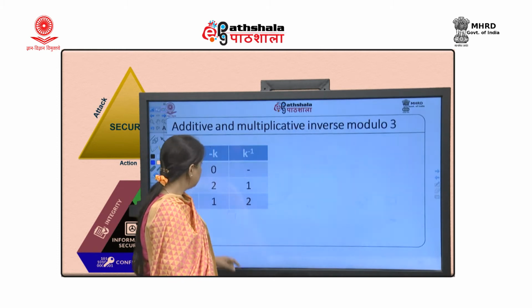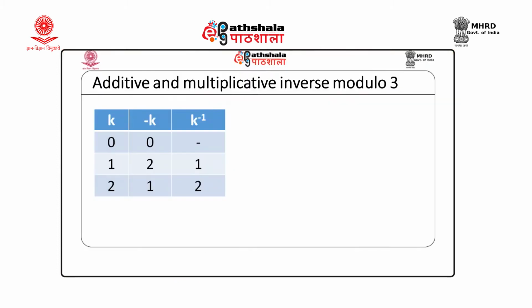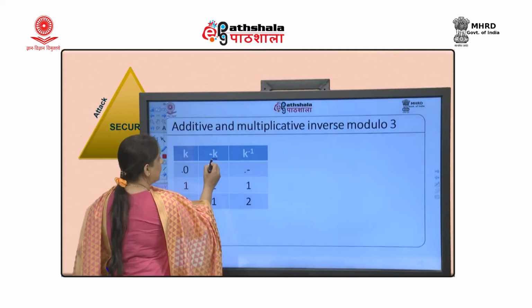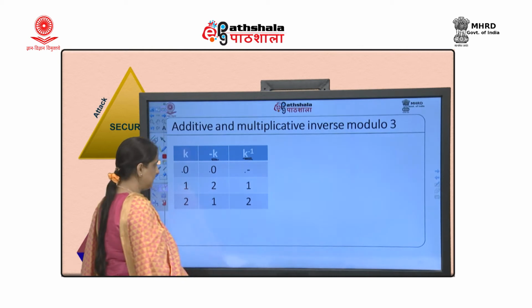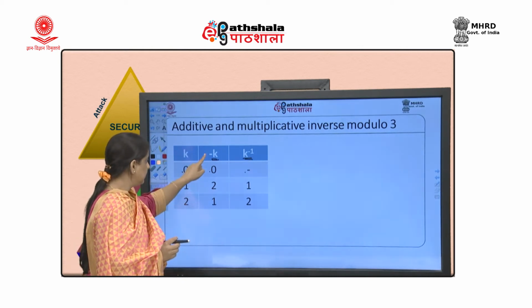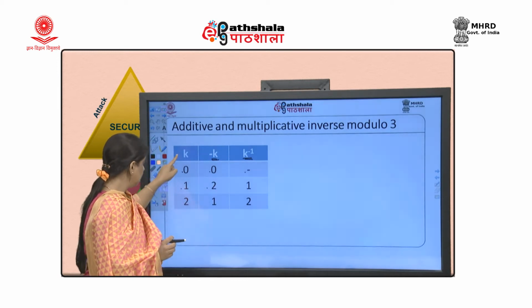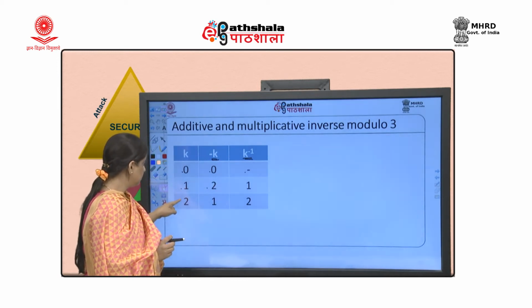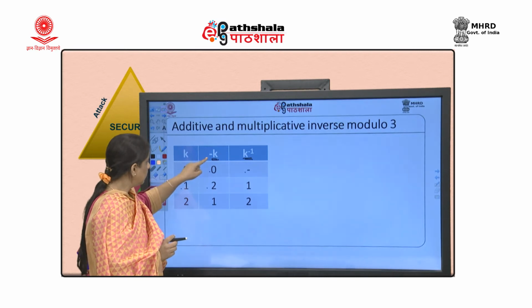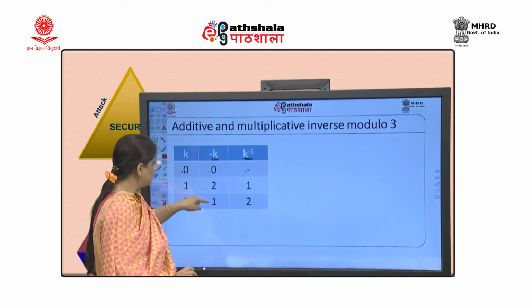So check out the next slide to be clear. For 0, its additive inverse is 0, but 0 does not have a multiplicative inverse. Minus k gives the additive inverse, this gives the multiplicative inverse. For 1, the additive inverse is 2, the multiplicative inverse is 1. For k equal to 2, my additive inverse is 1.